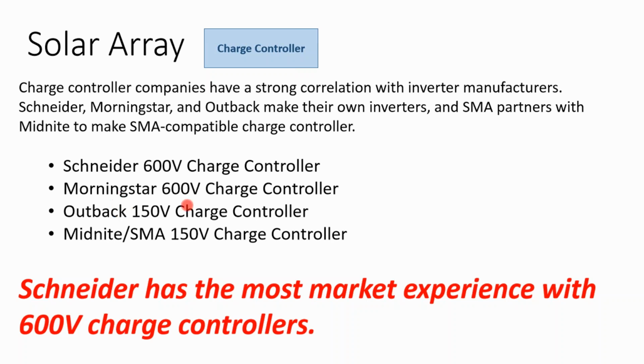That really helped us determine that we went with Schneider, because Schneider had the longest 600 volt charge controller on the market. Because we were doing a rooftop array, we didn't want 30 different circuits. If we were doing a ground mount, maybe the wire management wouldn't have been as big of an issue. But up on the rooftop, you really don't want these 150 volt circuits. It's just too much wiring.